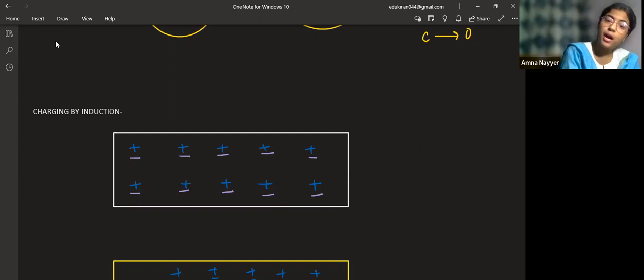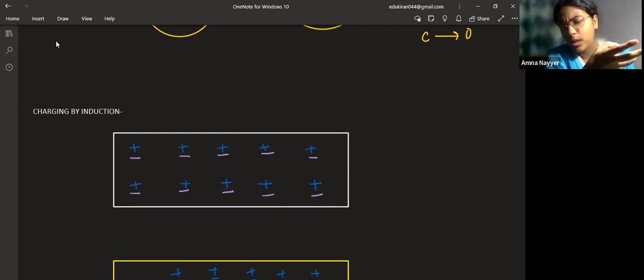In detail, we haven't discussed the properties of charges, but this basic thing you all know: positive and negative charges exist, and if two positive charges are there, they'll repel each other. If two negative charges are there, they'll also repel each other. But if one positive and one negative are there, they will always attract each other, right?